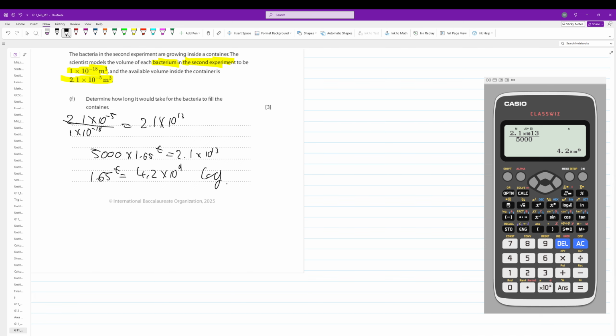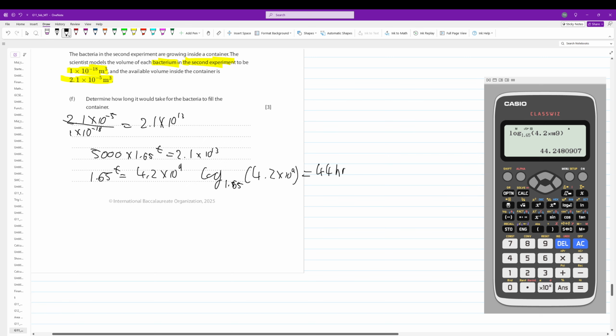So log base 1.65 of 4.2 times 10 to the 9 gives me a very large amount of time. Log 1.65, 4.2 times 10 to the 9, 44 hours. Does that make sense to me? Yes, it does.